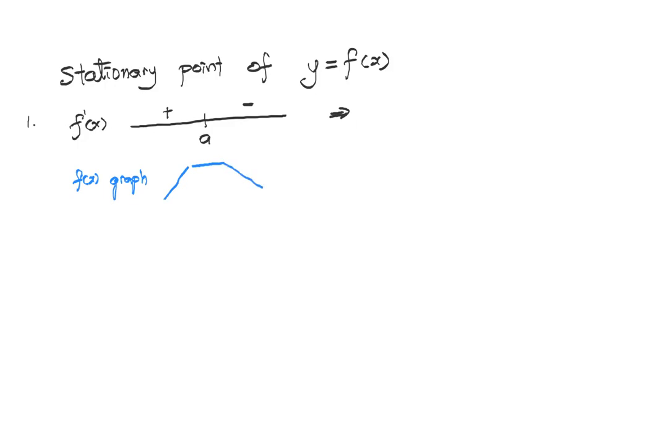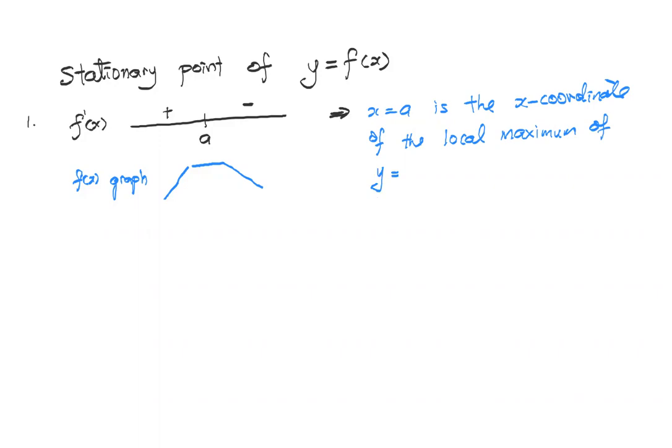So this implies x equal to A is the x coordinate of the local maximum of y equal to fx. Stating this is very important.